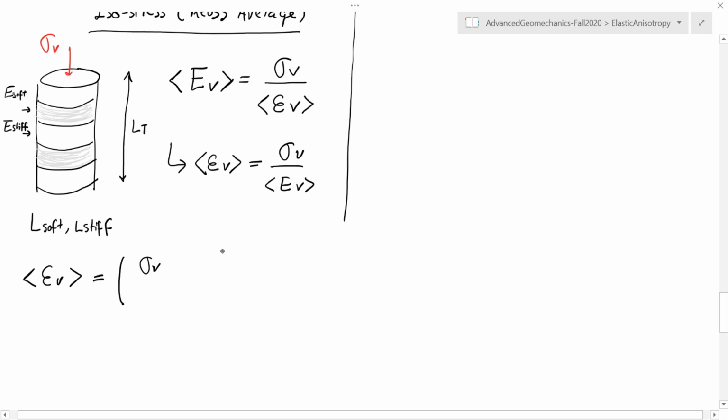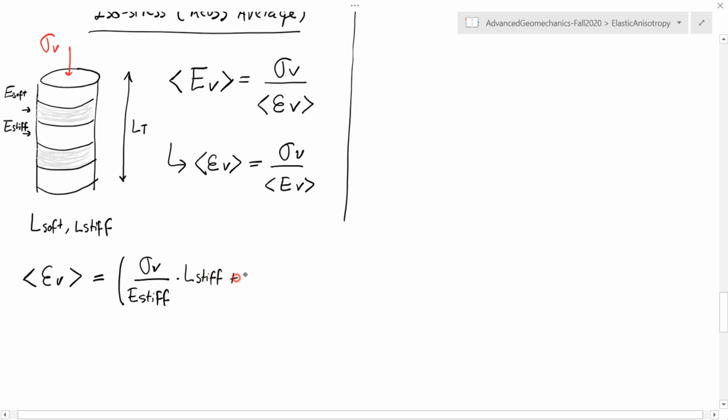So if I want to measure the deformation of the stiff section, I'm going to have to measure the shortening of the stiff part, and the strain of the stiff section is going to be sigma v divided by the Young modulus of the stiff section. But if I want the shortening in units of length, I'm going to multiply this by the length of the stiff layers.